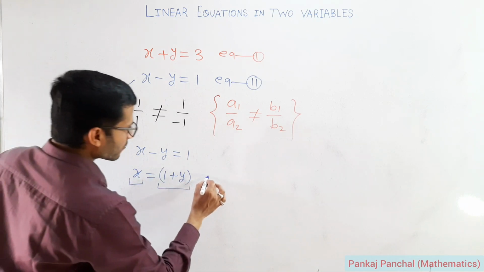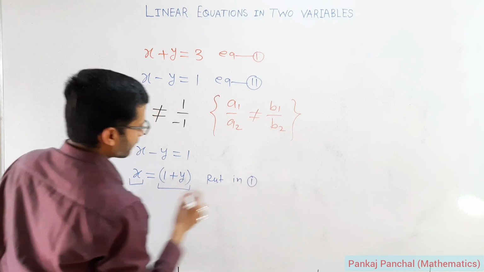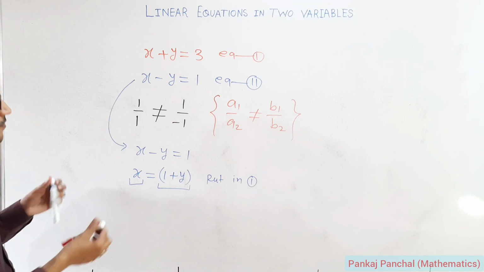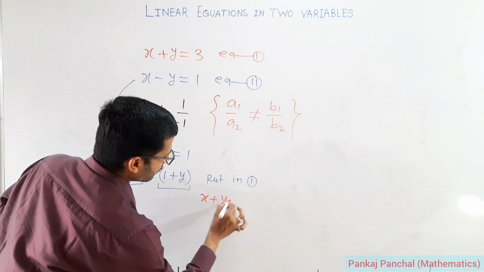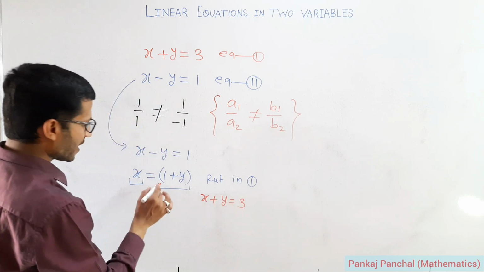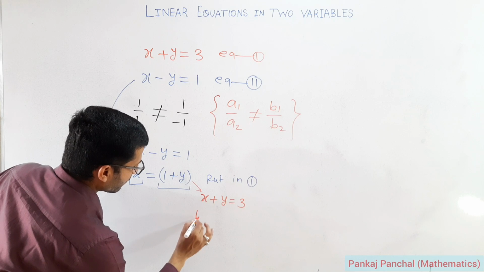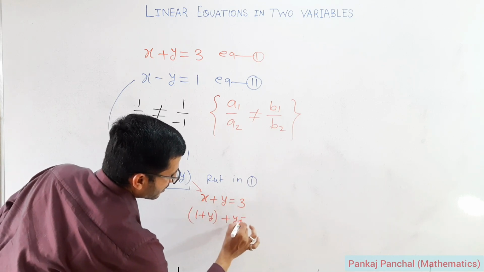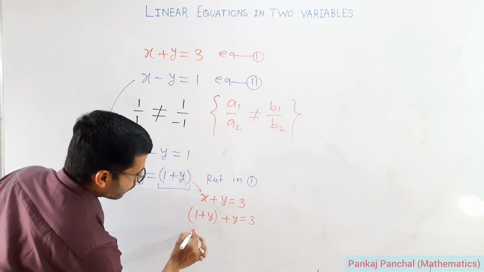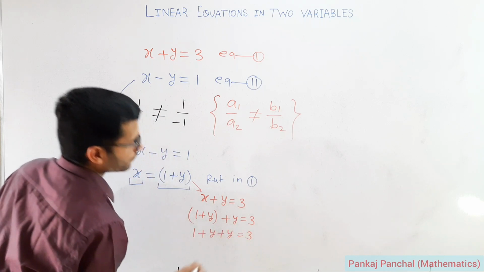So put this value in equation 1. Equation 1 is x plus y is equals to 3. On the place of x, we can write this expression. So 1 plus y plus y is equals to 3. Now 1 plus 2y is equals to 3.